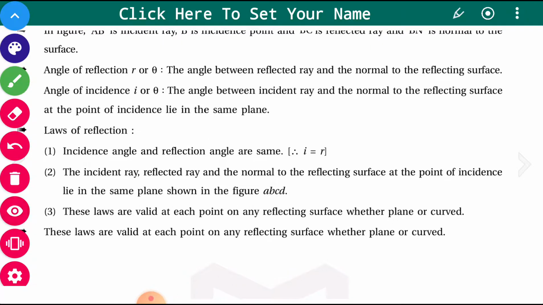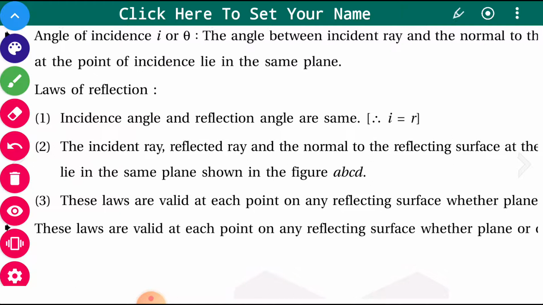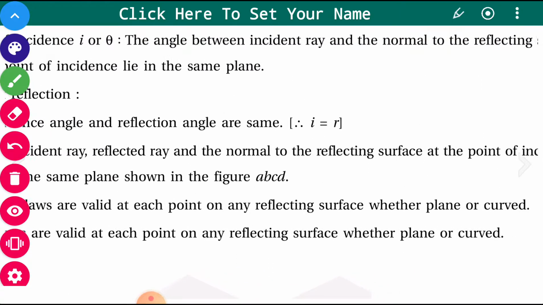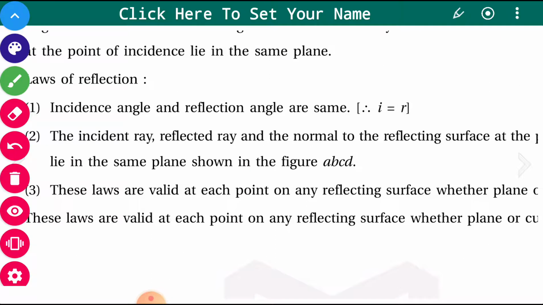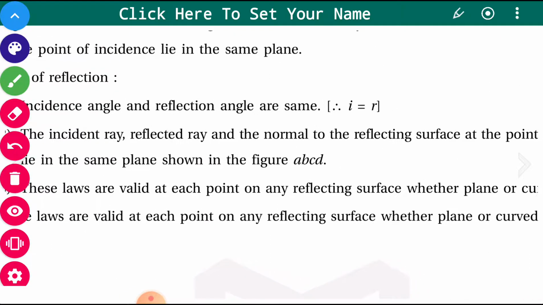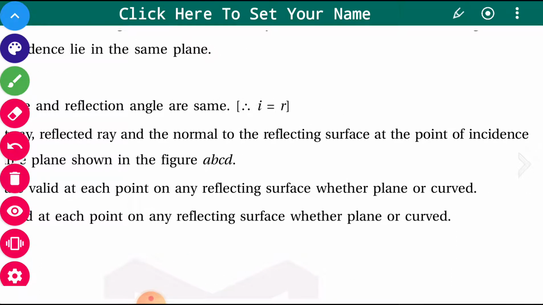The angle of incidence and the angle of reflection are the same. The incident ray, reflected ray, and the normal to the reflecting surface at the point of incidence lie in the same plane, and these laws are valid at each point on the reflecting surface, whether it is a plane surface or a curved surface.